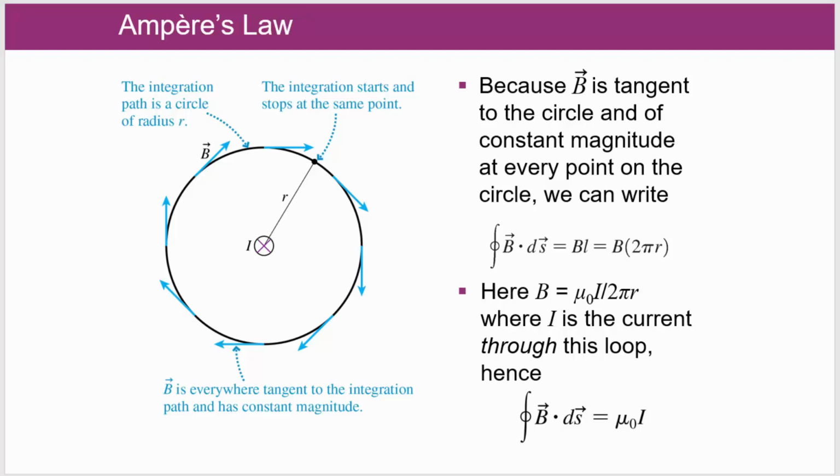Our magnetic equivalent is Ampere's law. Ampere's law tells us that if we go around a closed loop, if we can determine the amount of magnetic field lines that are parallel to that loop, we can determine the amount of current enclosed by that loop.